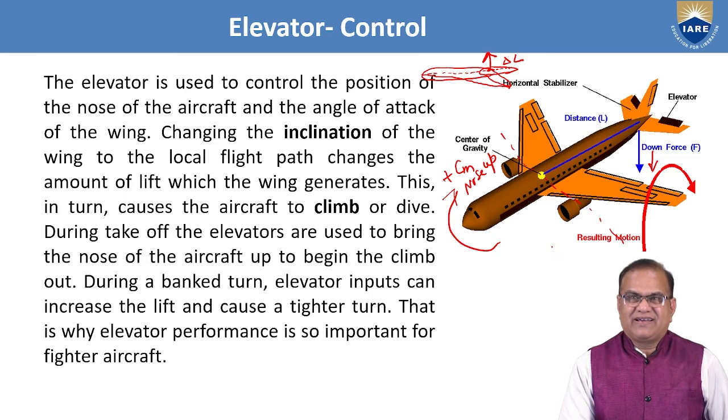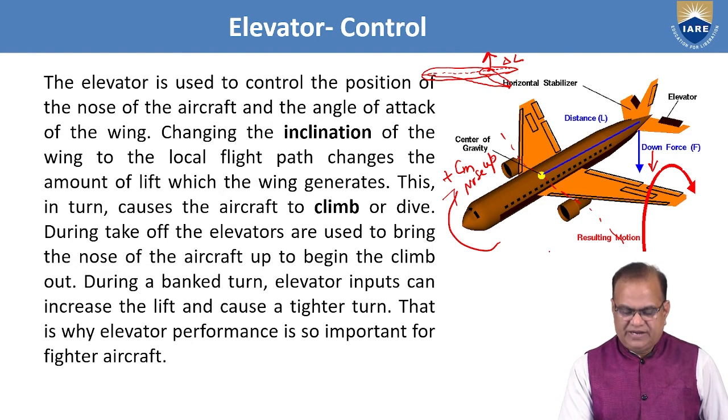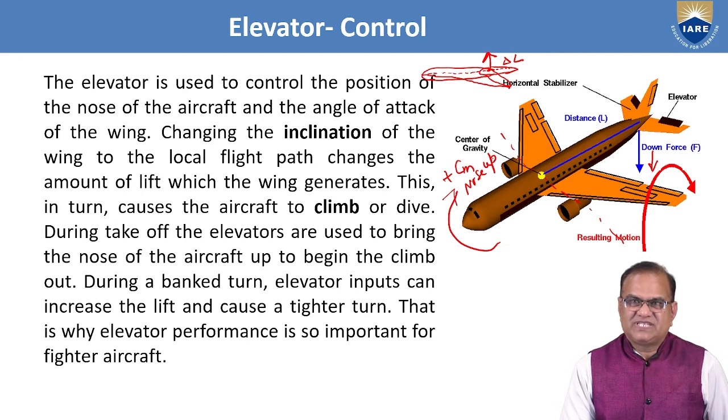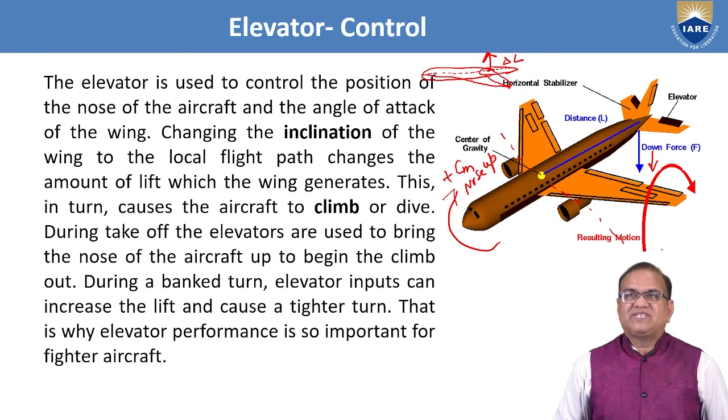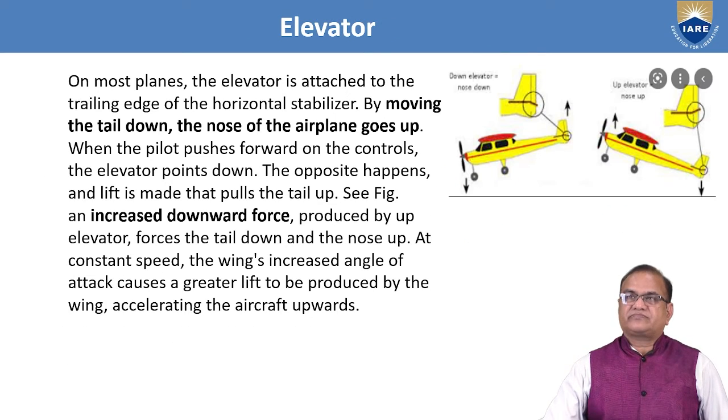During a bank turn, elevator inputs can increase the lift and cause a tighter turn. That is why elevator performance is so important for fighter aircraft. For fighter aircraft, elevators are very much essential and they should function as per the required condition.